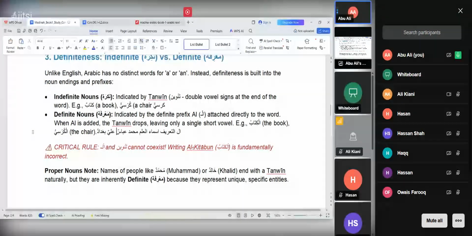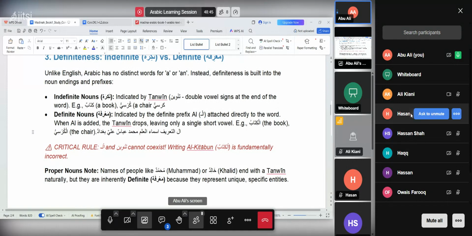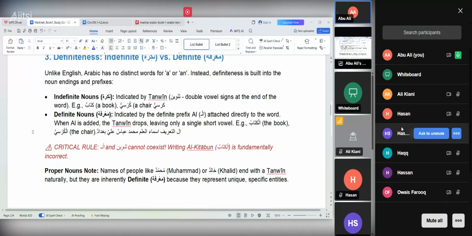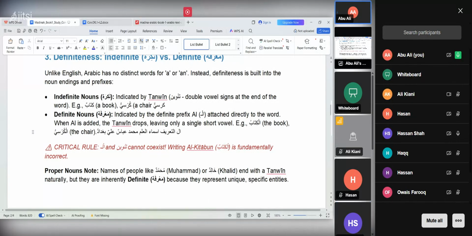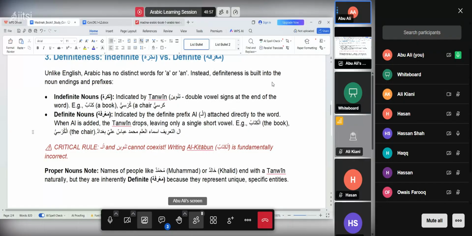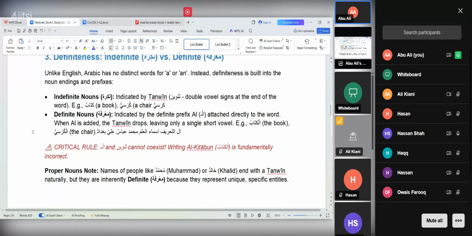Definiteness. Let me ask people. We know that we have three types of words in Arabic: nouns, verbs, and particles. When we want to say something is definite or indefinite, which type of words are we giving that title to?